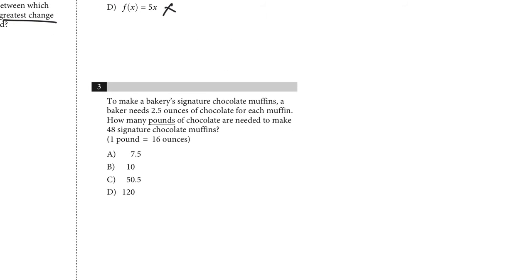To the third one. To make a bakery's signature chocolate muffins, a baker needs 2.5 ounces of chocolate for each muffin. How many pounds of chocolate are needed to make 48 signature chocolate muffins? So 1 pound is 16 ounces. If 2.5 ounces are needed for each muffin, and we need to make 48 of them, okay, let's just multiply.